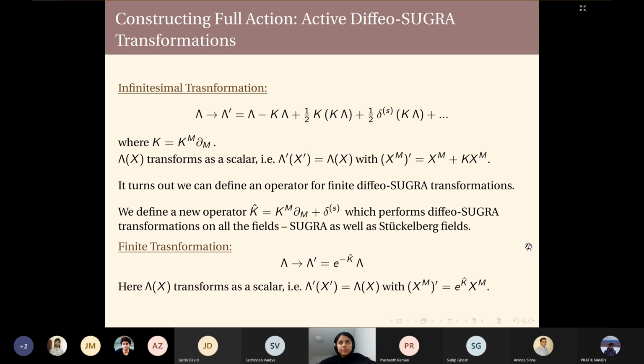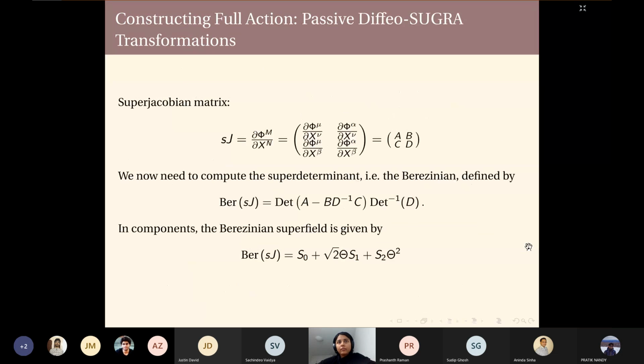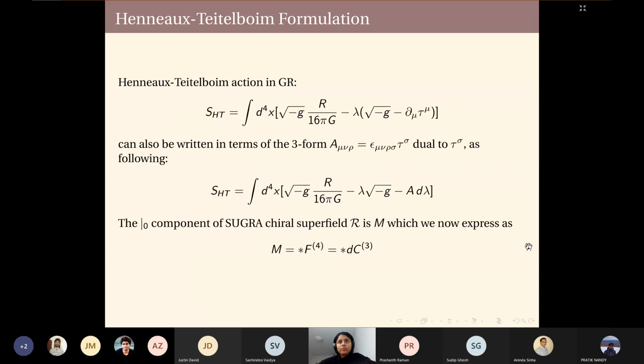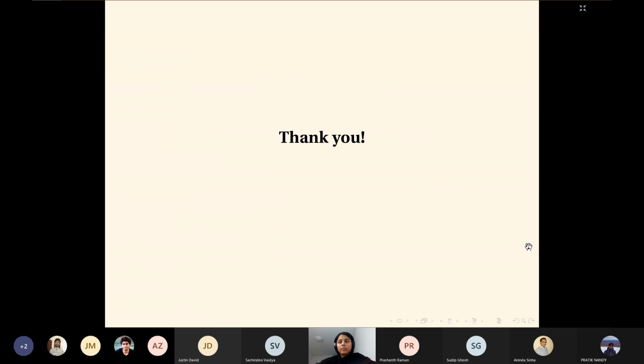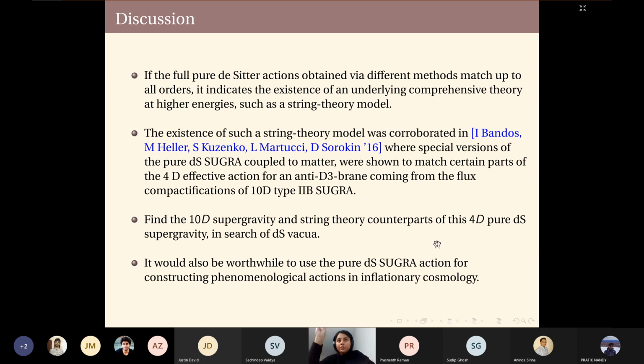Okay. I'll just go back to the slide. So there are two reasons. First reason being that since all of these different supergravity actions are, at least up to this stage, coming out to be exactly the same, it seems that they have some underlying theory.